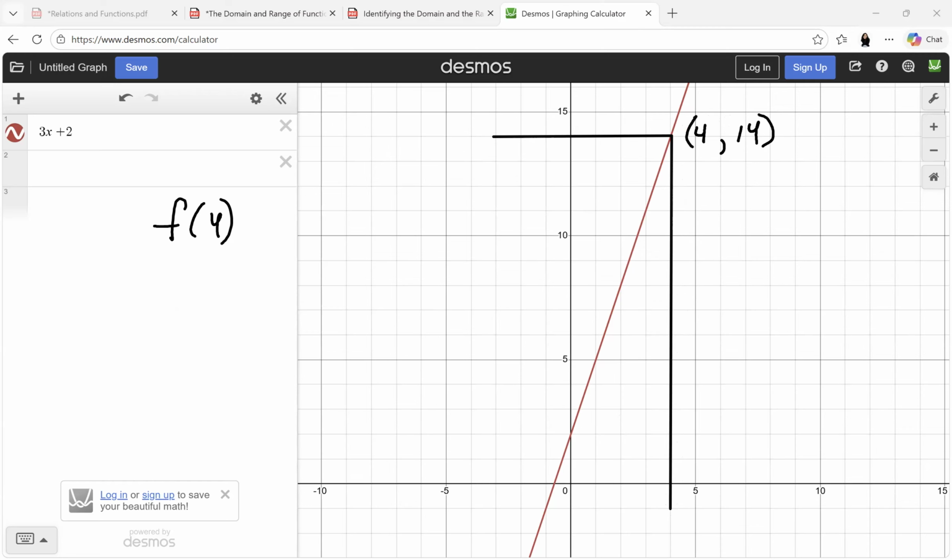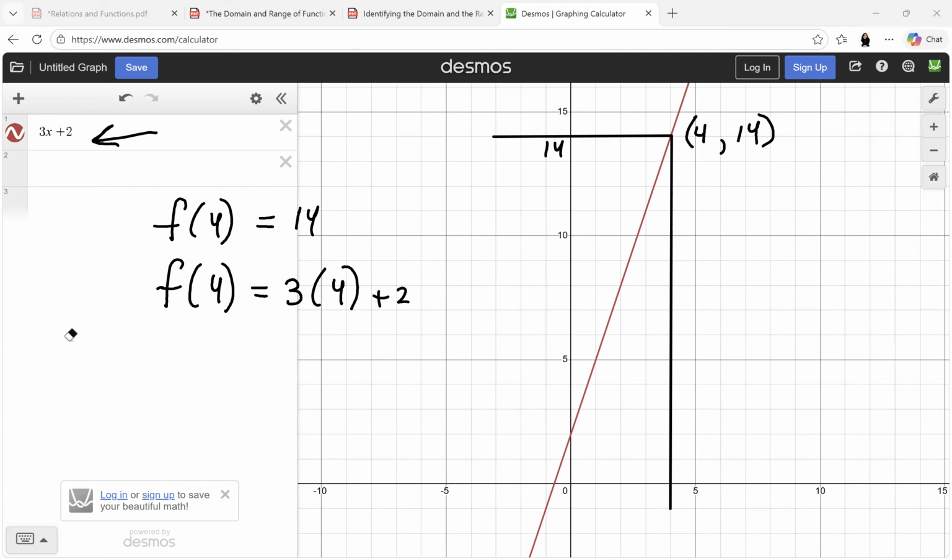Beautiful. And if I were to substitute it into the function 3x plus 2, how would I write it out? f of 4 is equal to 14. If you were to substitute, it would be 3 times 4 is 12, plus 2 is 14. Excellent. Wonderful. I believe that you understand now.